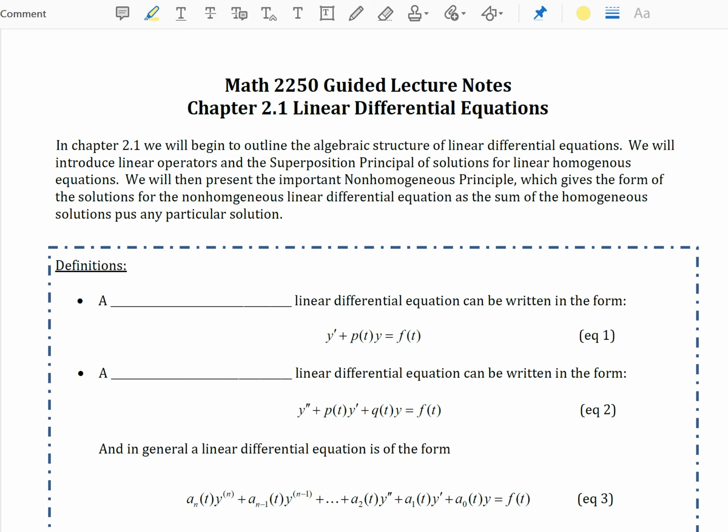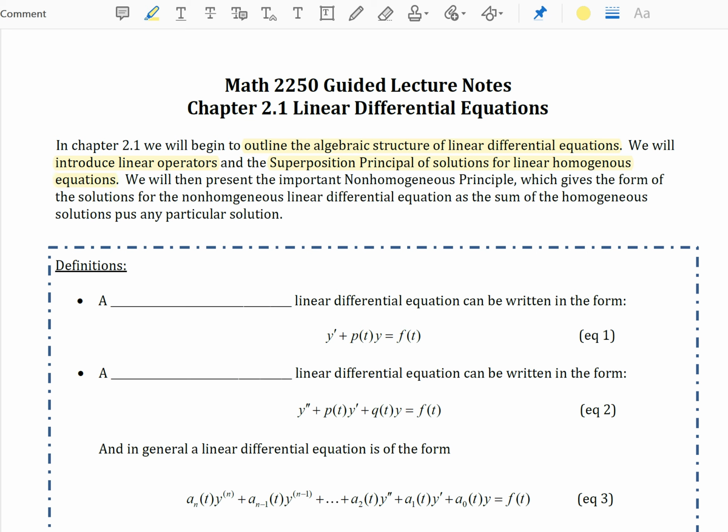In Chapter 2.1, we will begin to outline the algebraic structure of linear differential equations. We will introduce linear operators and the superposition principle for linear homogeneous equations.